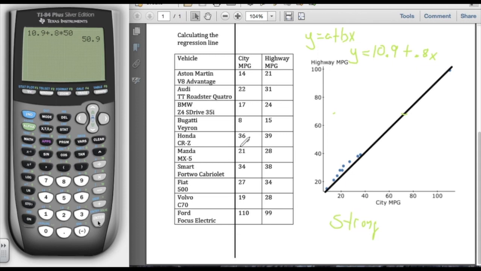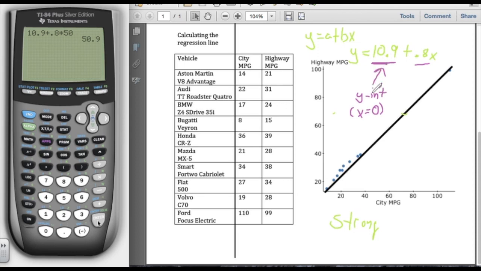It's important to be able to interpret these numbers. What do these numbers mean, the 10.9 and the 0.8? The 10.9 is our y-intercept. It's our prediction when x is 0. We would predict that a car that gets 0 miles per gallon in the city would get 10.9 miles per gallon on the highway.